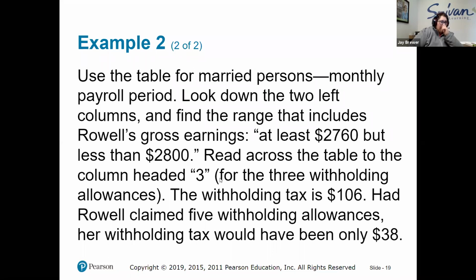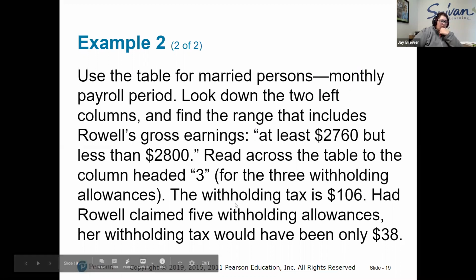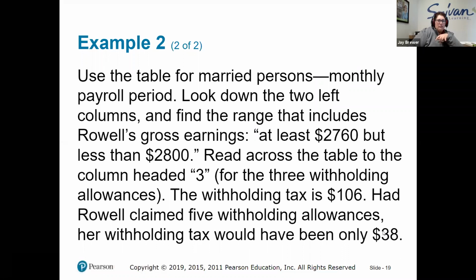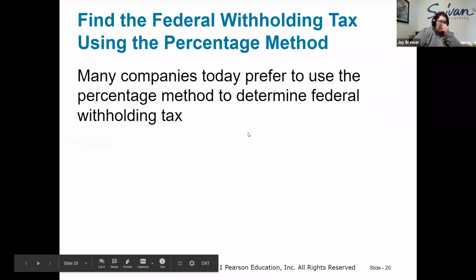You're going to look for three withholding allowances, and then you'll find the withholding that they are going to take out. And then you can also see, like, had she claimed 5 withholding allowances, then they would have only taken out $38. Do we see here the difference between allowances? That's a big difference between 106 and 38. Okay, that person's going to owe a lot of money at the end of the year.